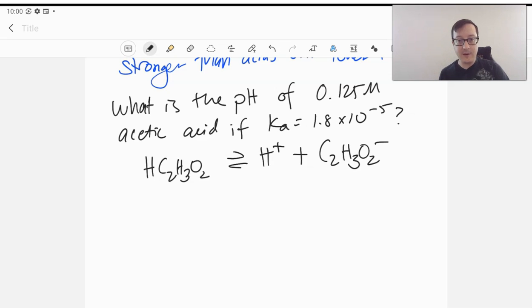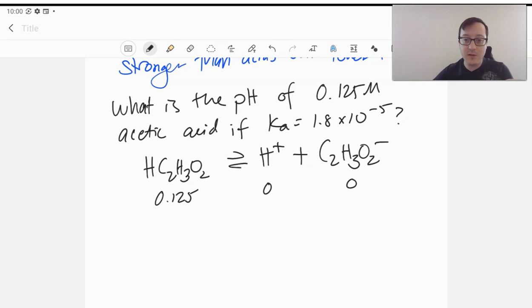So we can figure this out. We have our equilibrium constant. We have our initial concentration of acid. That means we're going to use an ice table, just like before. So we're going to have our concentrations here. We're going to assume we have none of the others because we don't have any information about that.